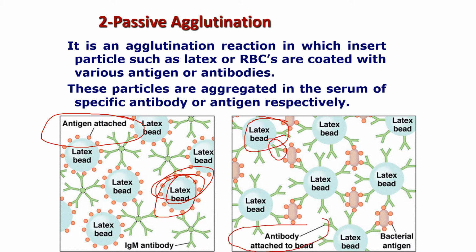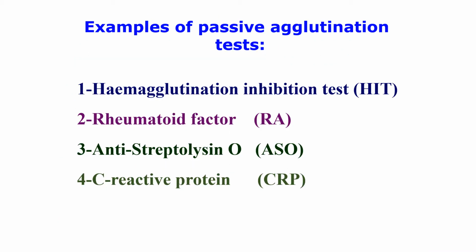Antibody. Okay. As I said before, we can use latex or charcoal, or red blood cell ghosts. All of these materials can be loaded with antigen or antibody reaction.